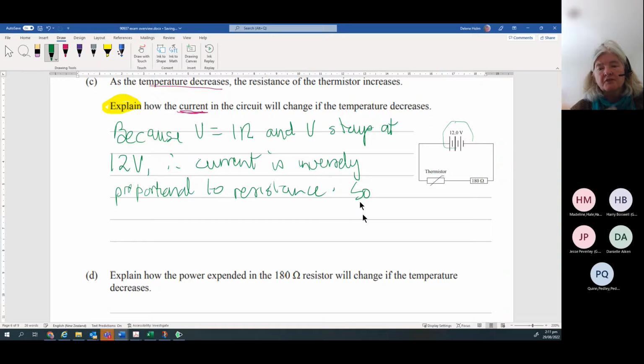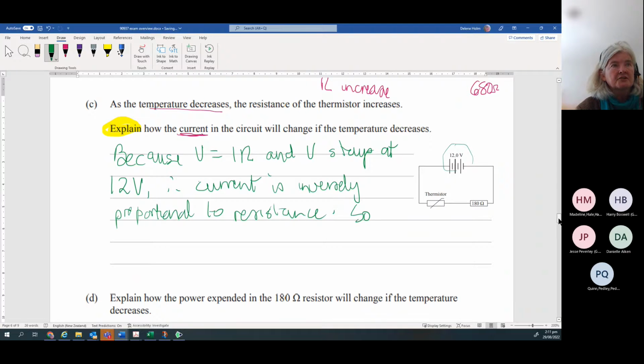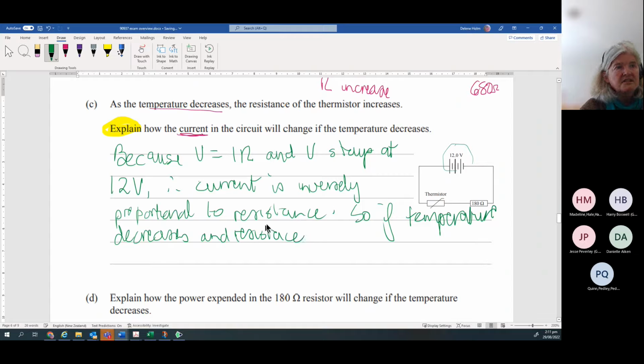So we've given the science background, for want of a better word. Now we're going to apply it. So now we're going to say, so if temperature decreases and the resistance, sorry, excuse my spelling, of the thermistor increases.